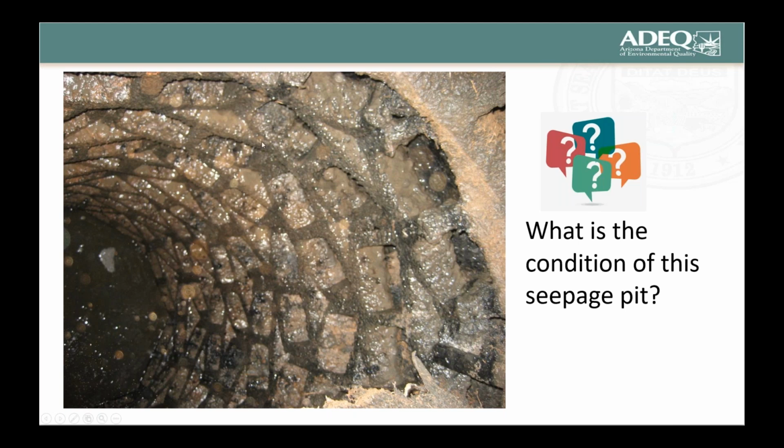So it looks like we got some good buildup of biomat and stuff on the sidewalls of the seepage pit. To have a better understanding, it would be interesting to know what the depth of water is below this, and are they experiencing any problems with high water in the seepage pit? Obviously, it's probably pumped, so that might be why they're able to examine this and go down a ways, as they just pumped it because there were problems associated with it.